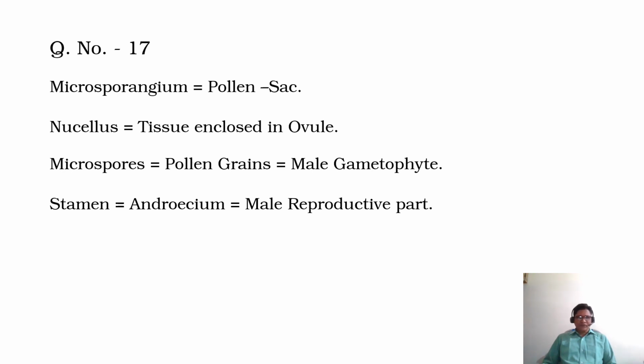Now among this information, the male gametophyte of angiosperms is the microspore, or pollen grain. So the answer is option 3, microspores. Question number 18.